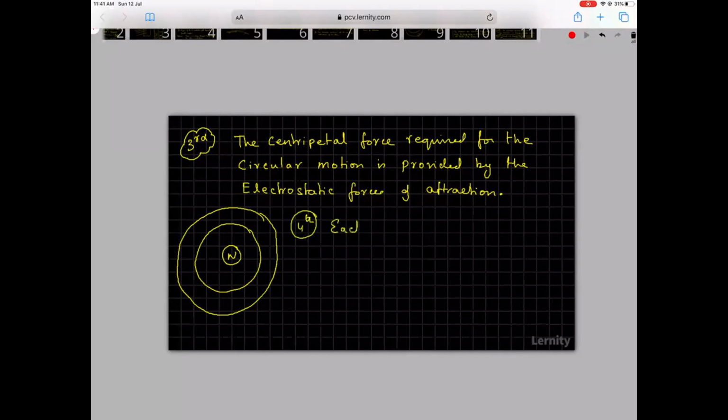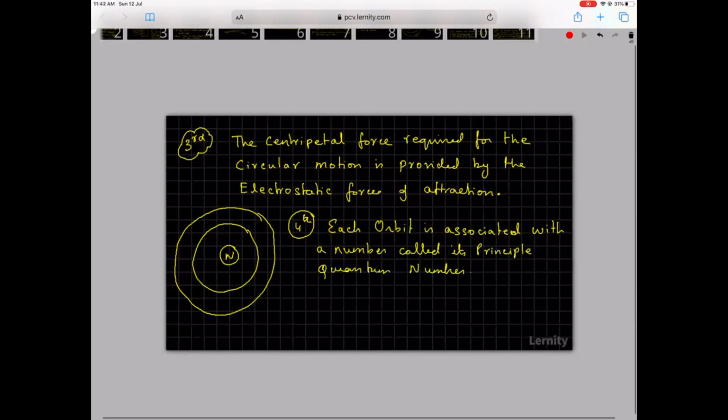Each orbit is associated with a number called its principal quantum number.